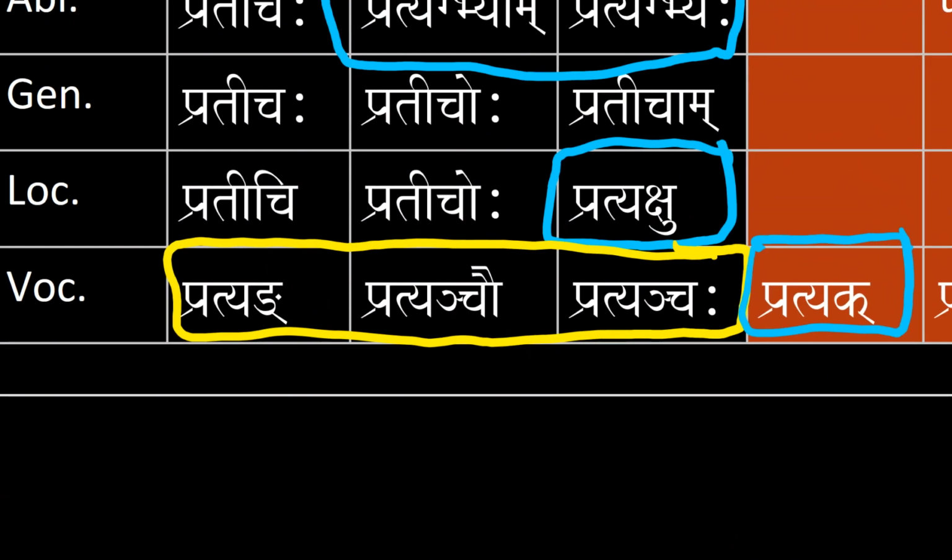So when you have pratyanch and su together, the palatal cha could be reduced into a ka, because a Sanskrit word can only end with ka, ta, pa, ta, na, ma, or visarga. All other final consonants must be reduced to one of these.